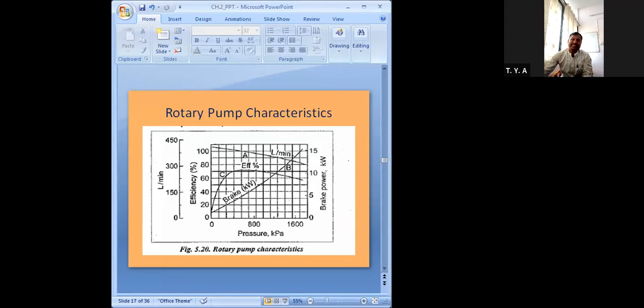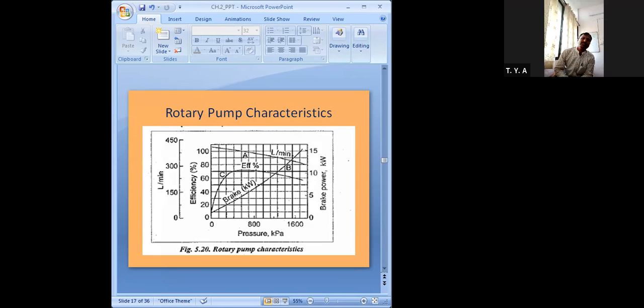Another conclusion from this figure is that the power necessary to run a rotary pump increases almost directly with the pressure produced by the pump at constant speed.